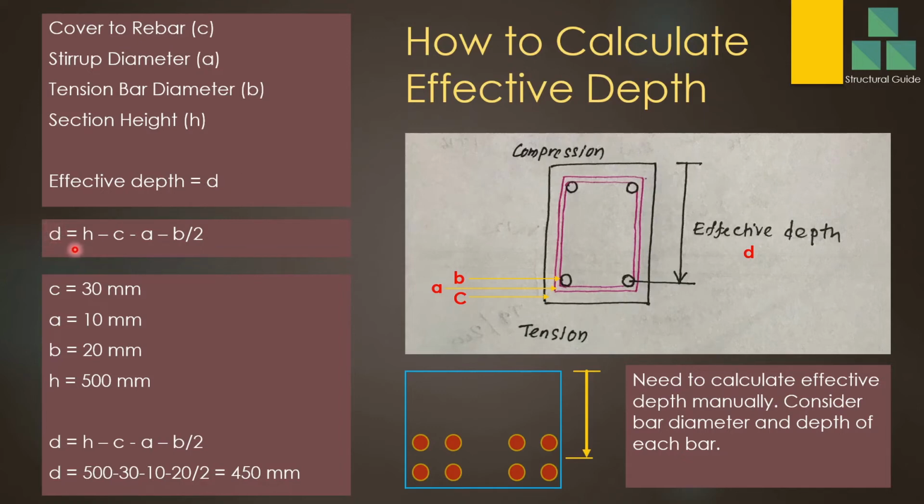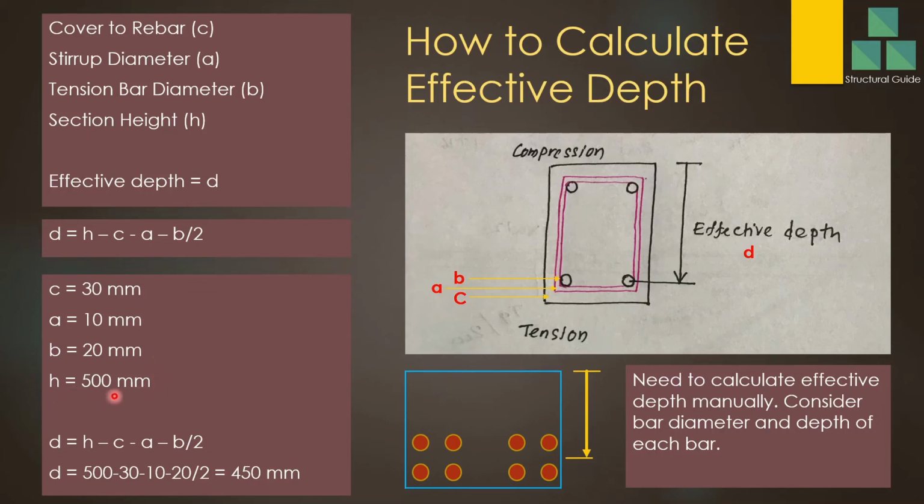So effective depth can be calculated from this equation. D, the effective depth, equals H, the beam height, minus cover, minus stirrup diameter A, minus B by 2, the bar diameter divided by 2, because we consider the mid depth, or the center of the reinforcement. In the design you can find these values: cover, stirrup diameter and bar diameter.